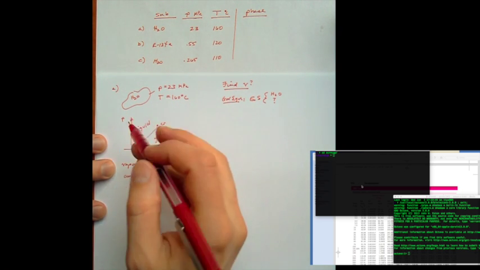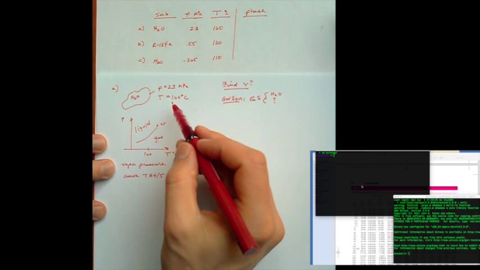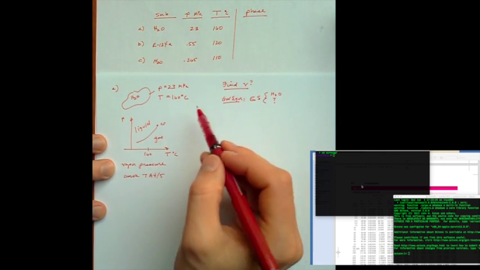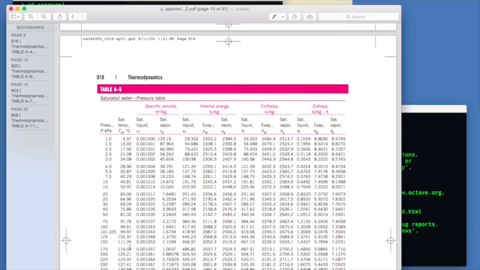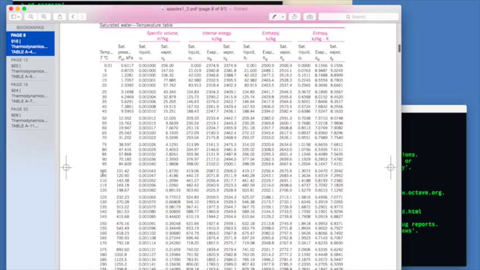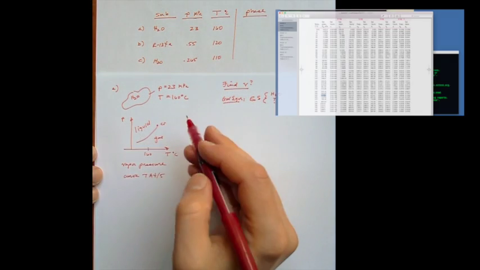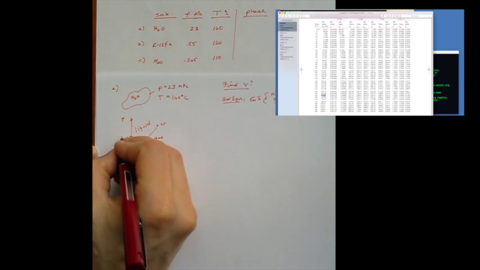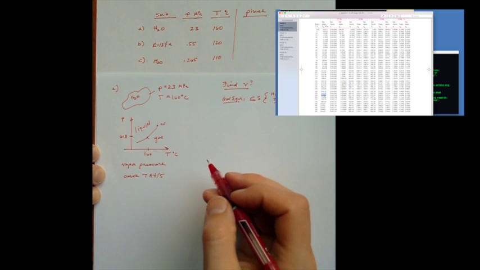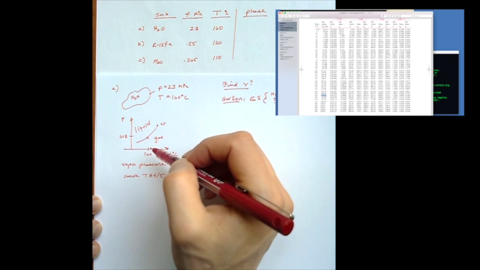So let's look at our temperature here of 160 degrees centigrade. For water at 160 degrees centigrade, we look at our table A4, A5. At 160 degrees centigrade, we can see that the pressure at which we would fall on this line would be 618, and our pressure is going to be much higher than this.